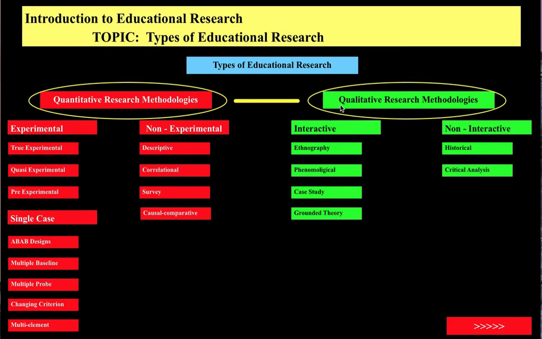Pardon me. Picture this: the Zen master and his student are walking across a bridge over a river, and the student says, oh, master, tell me about the river. Well, if the Zen master were into the quantitative research methodologies, he would probably take the temperature of the water, the alkalinity or acidity of the water, all kinds of physical measurements about the rate of flow, how quickly the water is flowing.